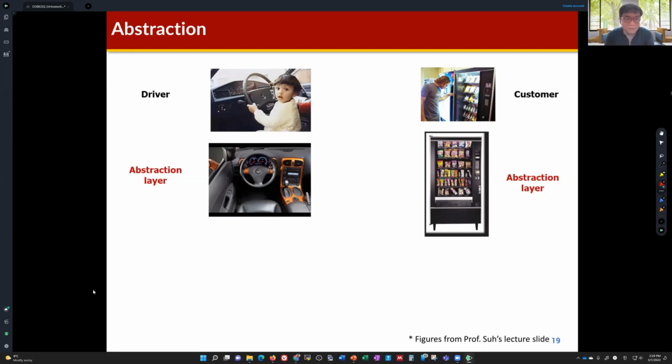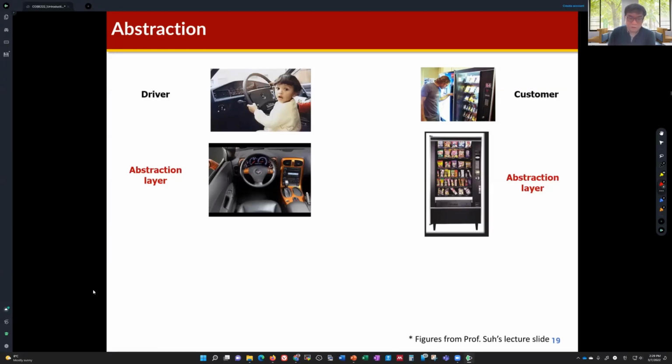I will take an example of abstraction from our real world. Abstraction means making complex things simple. These are examples of abstraction in the real world.